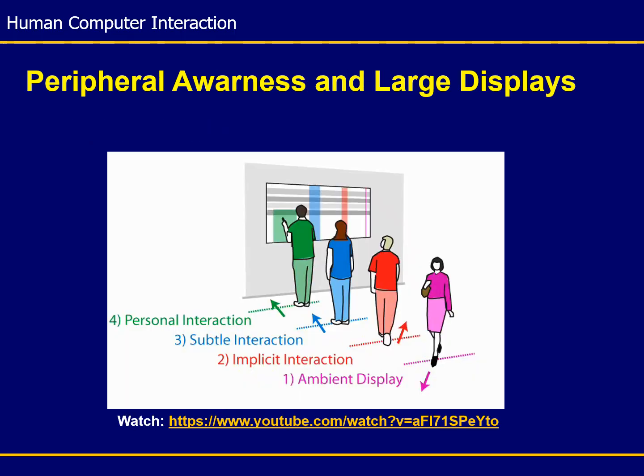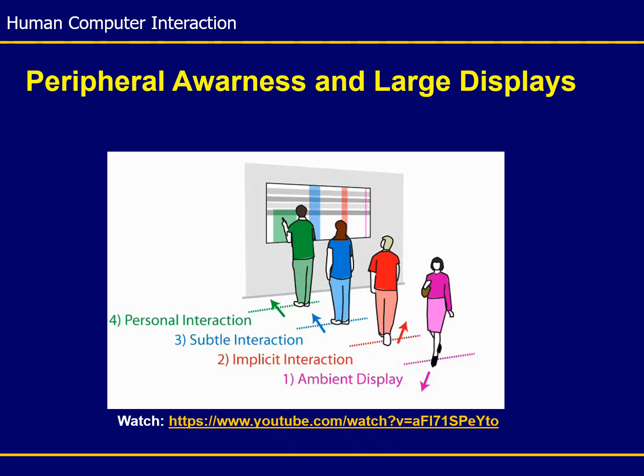Now, peripheral awareness also has been used in public displays. In the future we will see in malls and in sporting clubs these huge screens that are basically LCDs with a computer behind them, and you really need to rethink the whole interface, because this is not an individual screen. This is a screen in a public space.